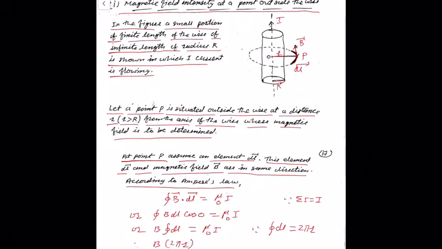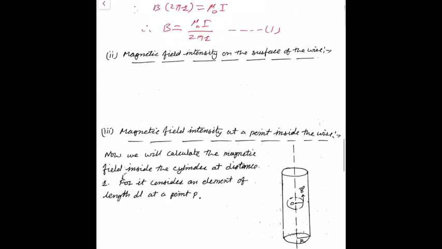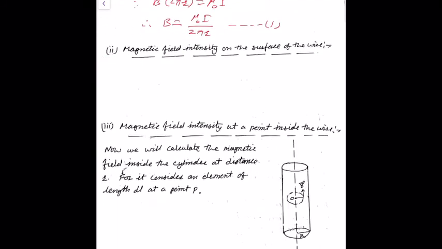So B into 2 pi r is equal to mu naught I. Therefore B is equal to mu naught I upon 2 pi r. It is equation first.